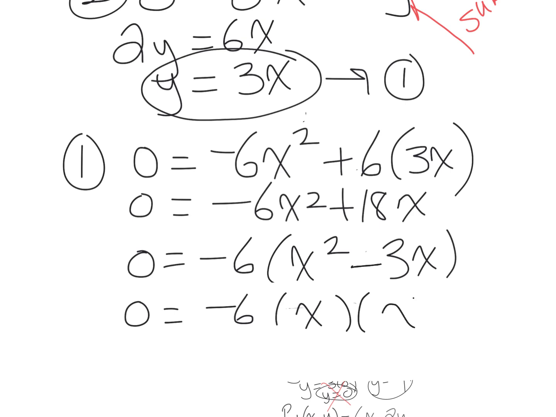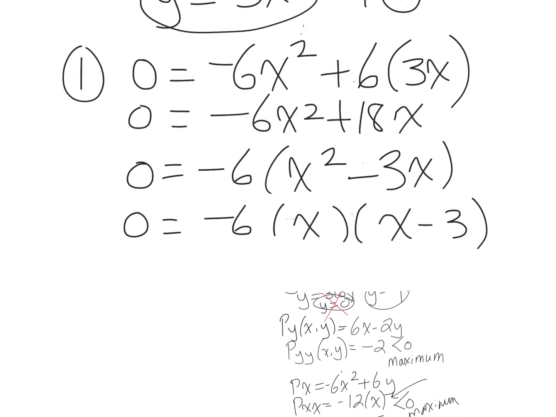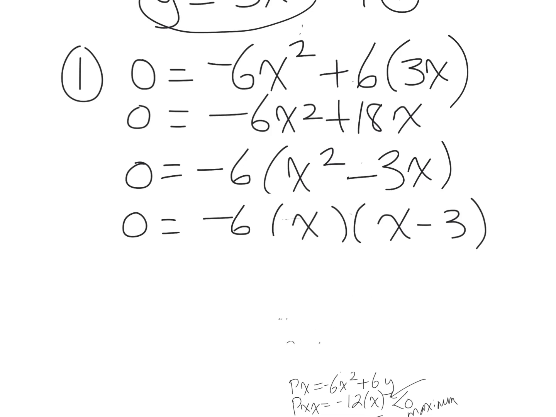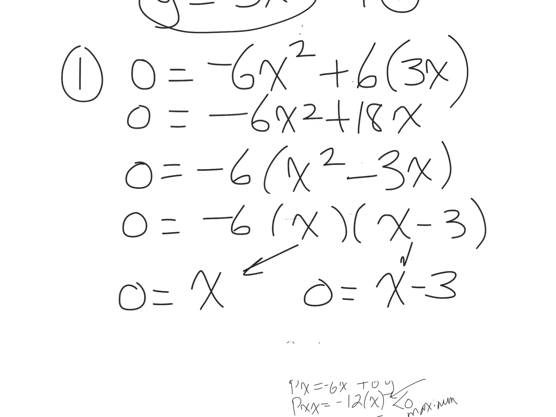And then we have x minus 3. So there we have, we've factored it out fully, right? And so we have 0 equals minus 6 as a possibility. Well, that's not at all possible. And then we have either 0 equals x, or we have 0 equals x minus 3. Those are our two options, right?